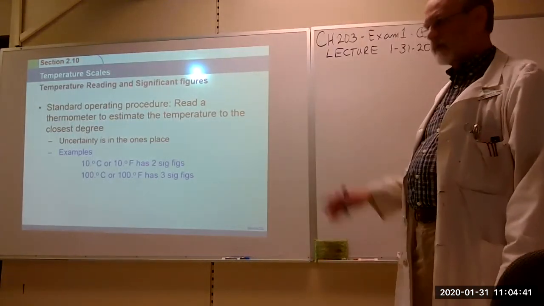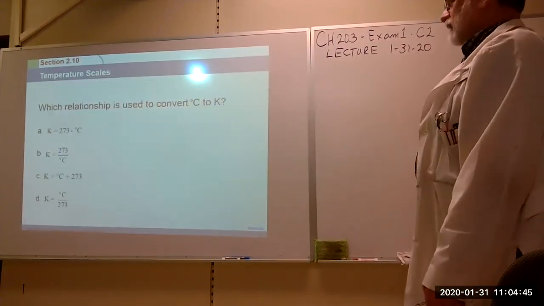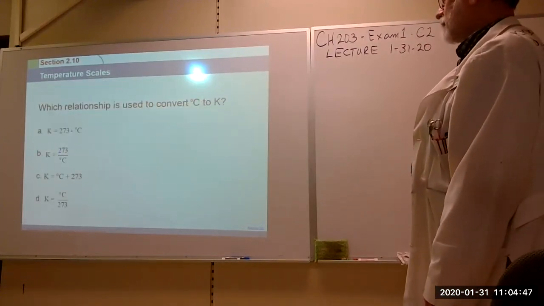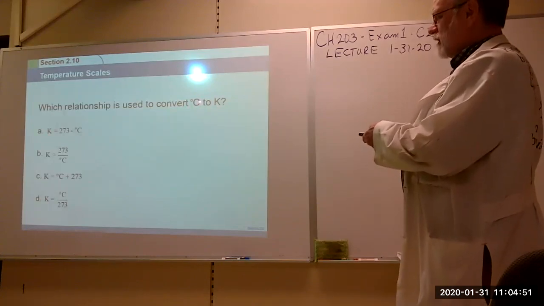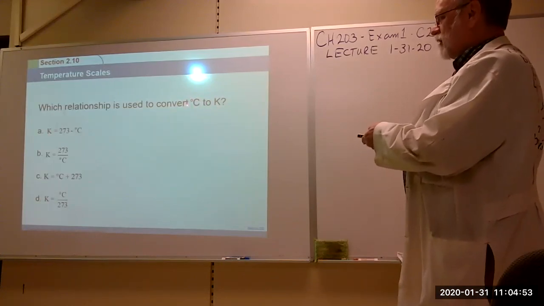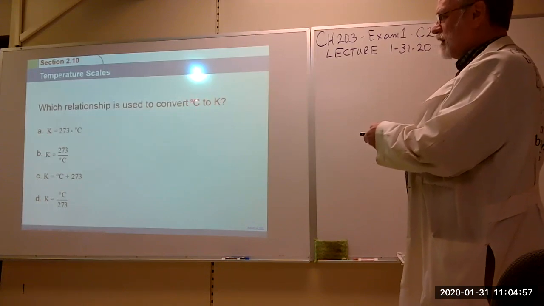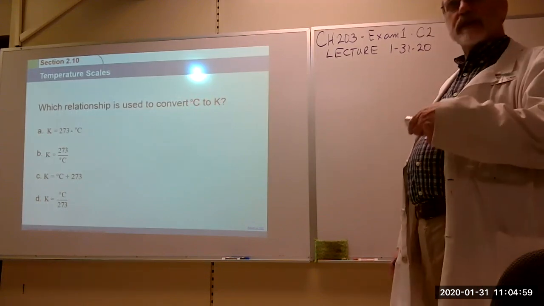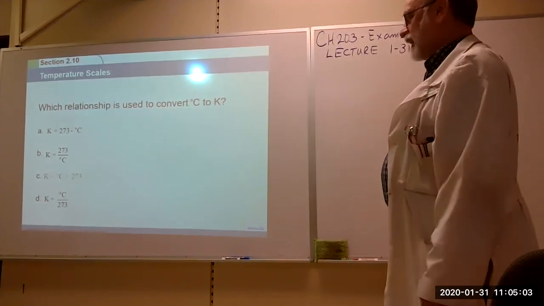Maybe I can bring one when we do temperature measurements. Okay, convert C to K. Right, so if we want to know what K is and we know what C is, then it's what? C plus 273 makes K.